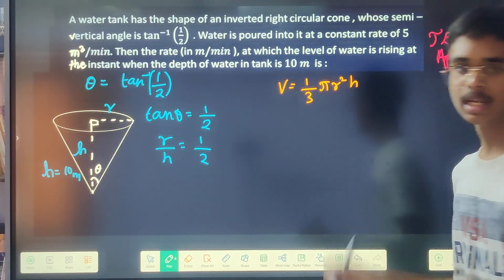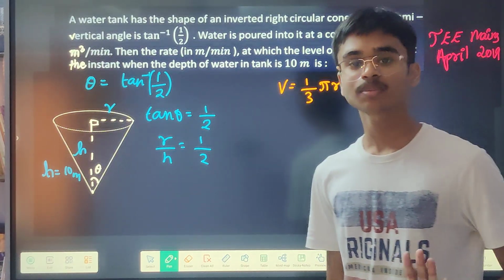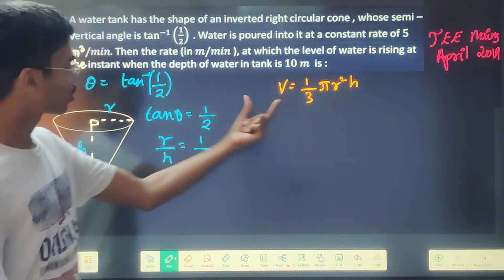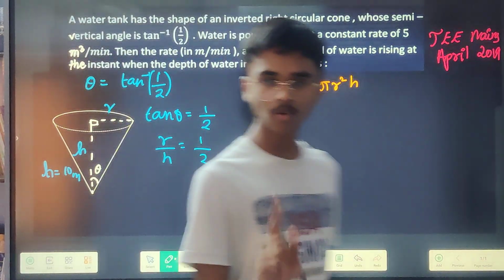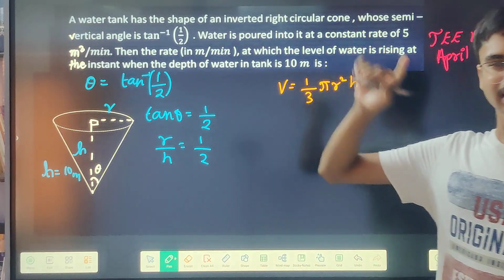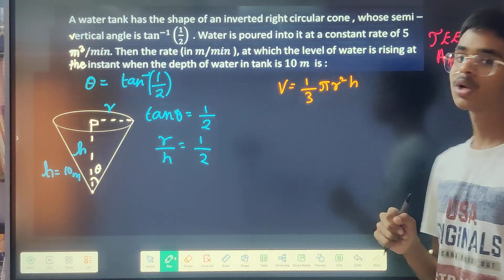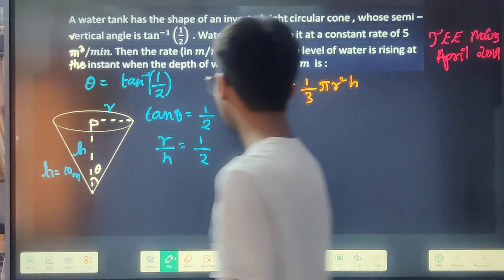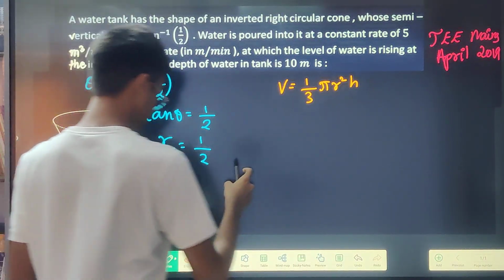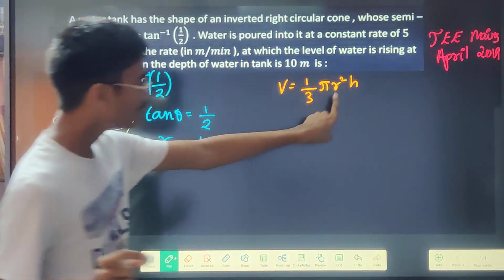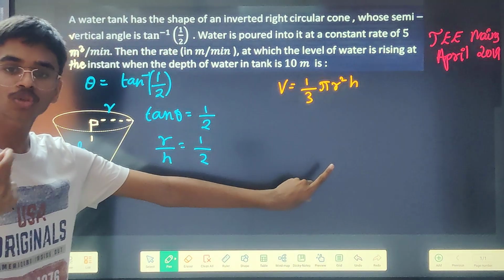This is your formula, and they did not give any information about r. When you have a question like this, where information about h is given, and some rate is given, but nothing about r, what you have to do is substitute r by some other value which you already know.